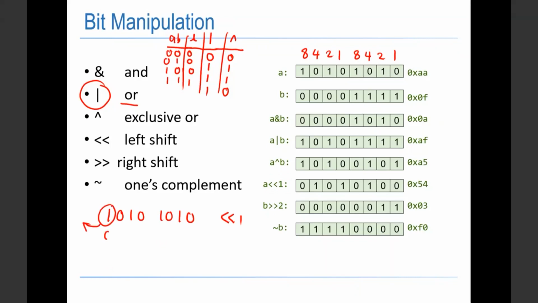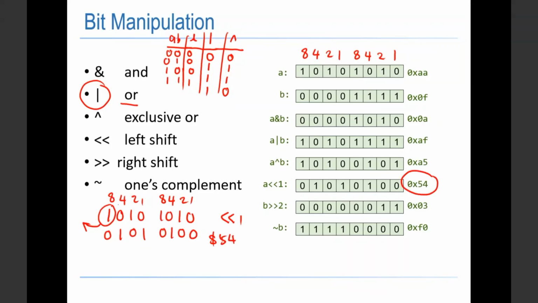So it becomes 01010100. Okay, change to hexadecimal. Then you get 4 plus 1 is 5, and this is 4. So you will get 54.